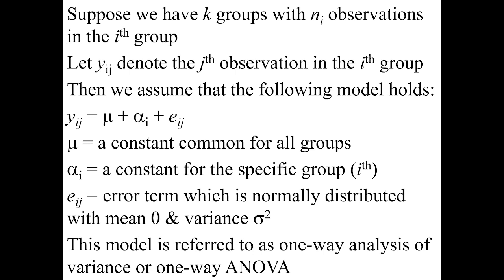So if we call Yij the value of, in our example, FEF, if you say Y14, then it is the fourth observation in the first group.